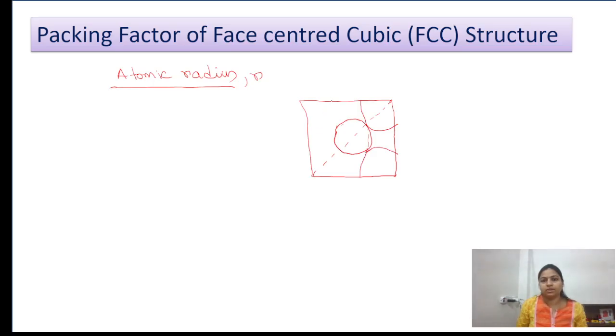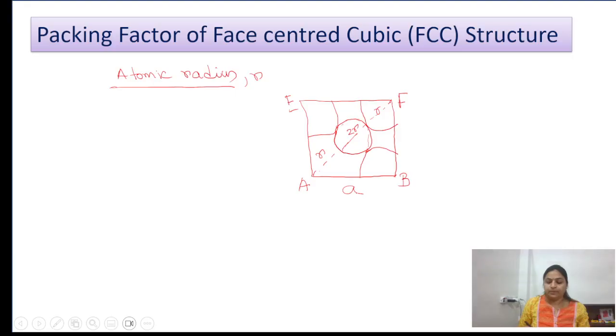The same thing you can find on this side also. Let us consider this structure as A, B, and this corner we can say as F, and this is E. From here to here this is R, and this is R, and this entire part will be 2R, and this side is A.